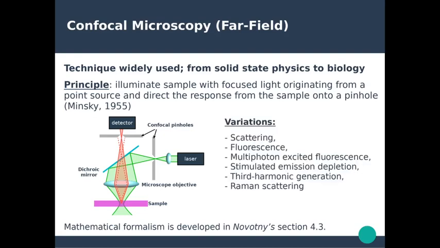So this has been derived in a variety of spectroscopy techniques, from just scattering to fluorescence to third harmonic generation, and even Raman scattering. So this is something very general that can be applied to any type of optical spectroscopy technique. You can actually see the whole mathematical formalism in textbook section 4.3.